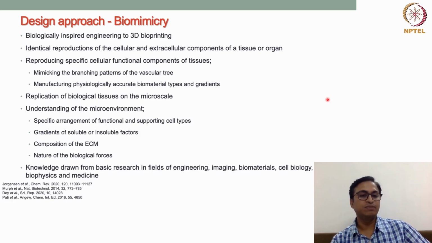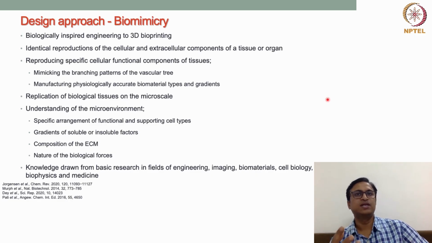That can be understood better by looking at the specific arrangement of functional and supportive cell types. In different tissues there are certain cells that are the main functional cells that do the main job of that particular tissue, and the functional cell types can be either one or different types.